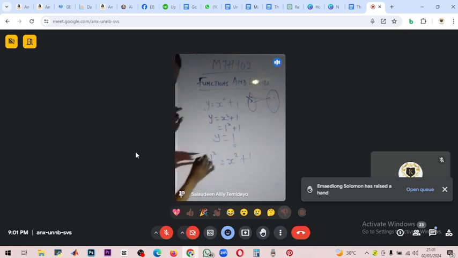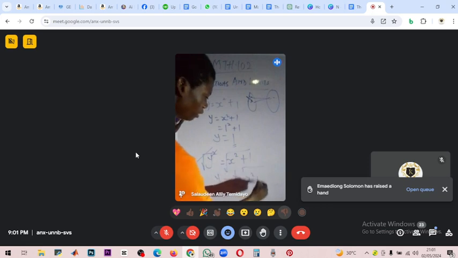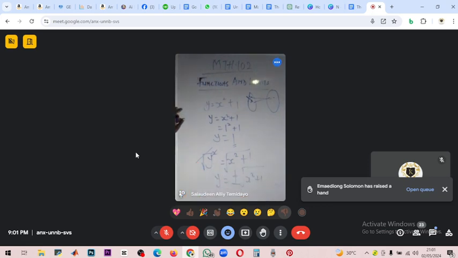Taking the square root of both sides, the square root of this will be plus or minus the value that is inside it. Do you get it now? I'm going to explain better, but I'm just answering your question, explaining the reason I told you that it is not right. Okay?